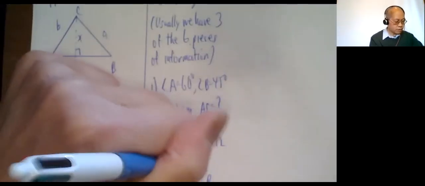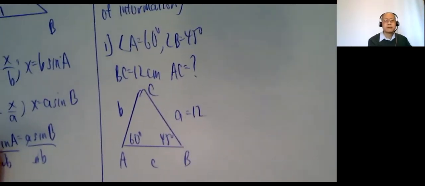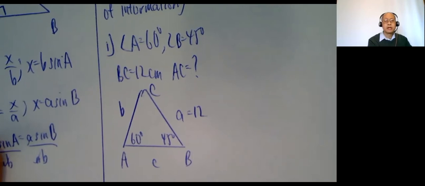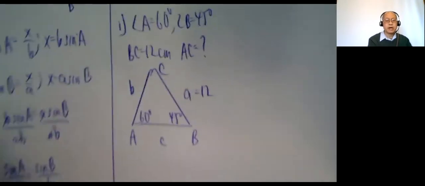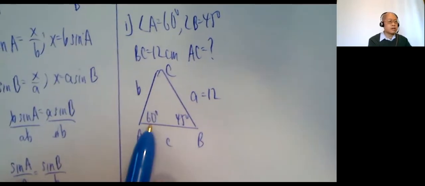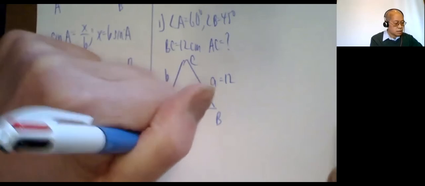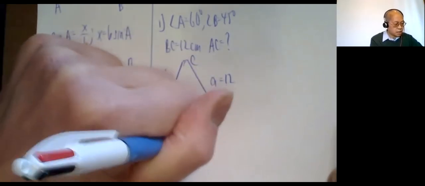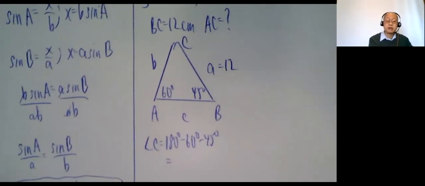Angle B is 45 degrees. And they want you to find the distance from A to C, which is little b. Okay, and while we're at it, let's find angle C. That should be easy, right? Let's get that out of the way. All three of these have to add up to 180. So angle C is 180 minus 60 minus 45. That comes out to be 75 degrees.